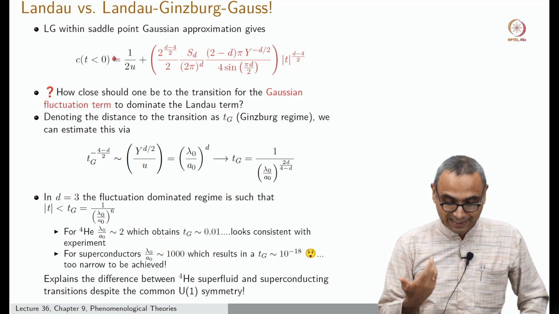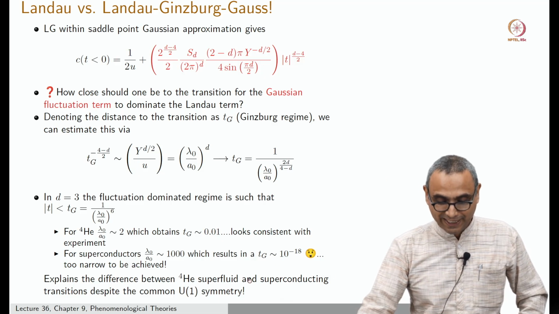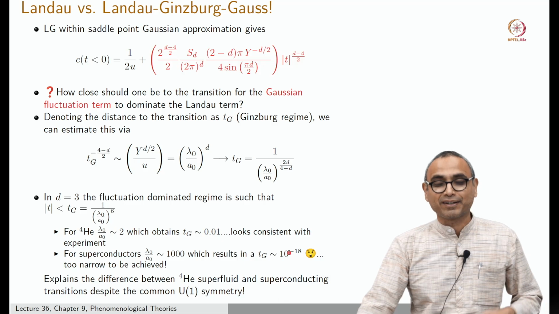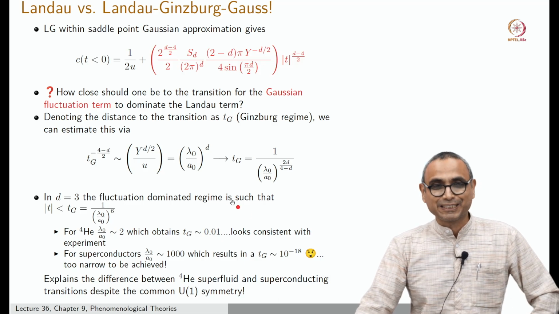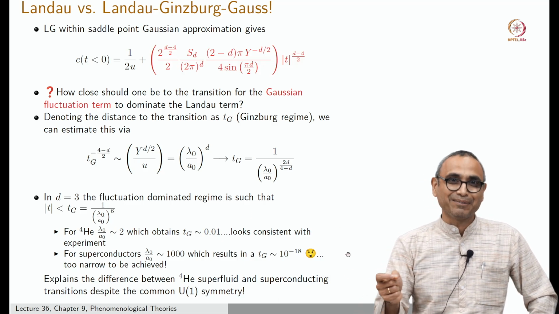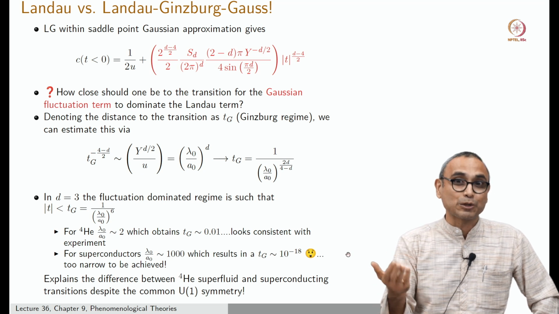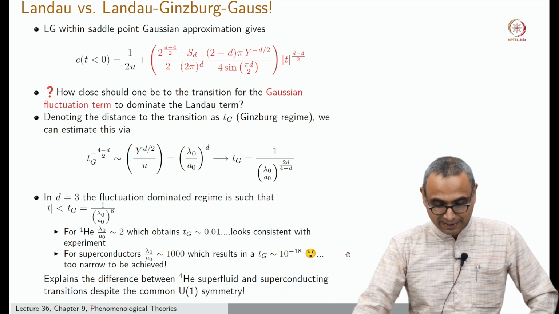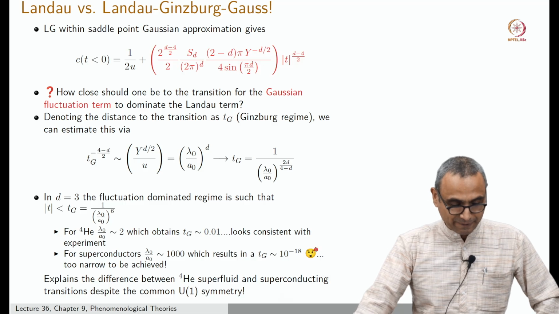I do not even know whether we can think about what it means. It is 10 to the minus 18 Kelvin. You cannot even control temperature to that kind of precision.